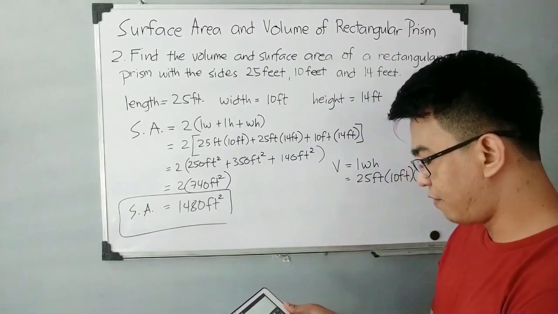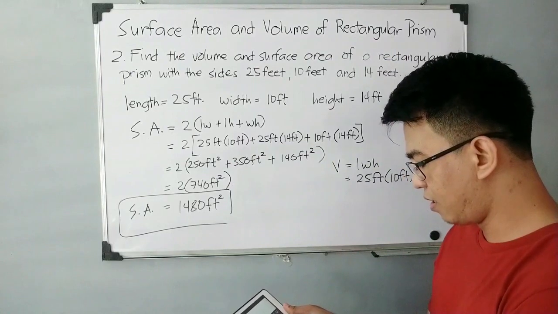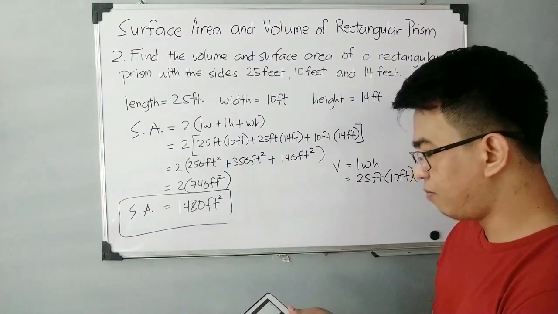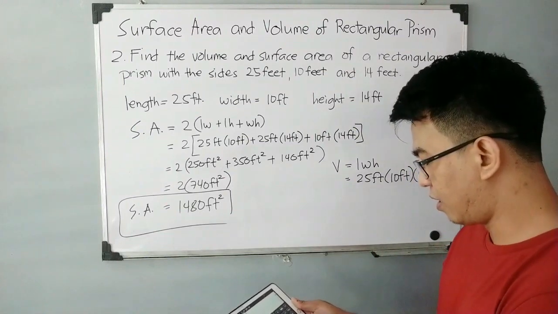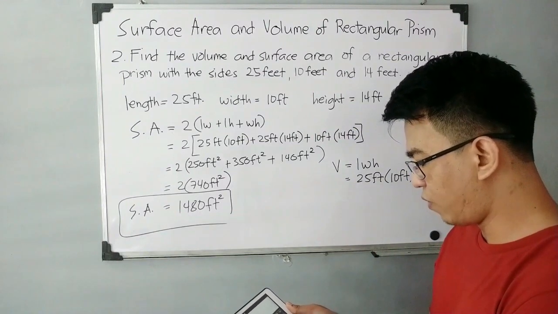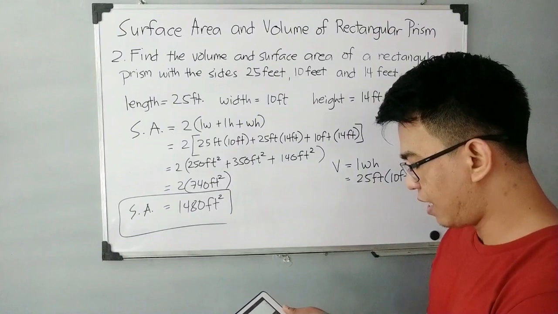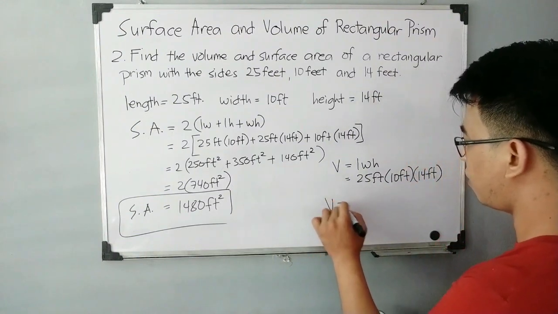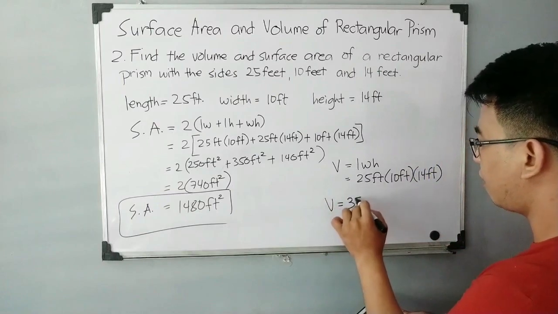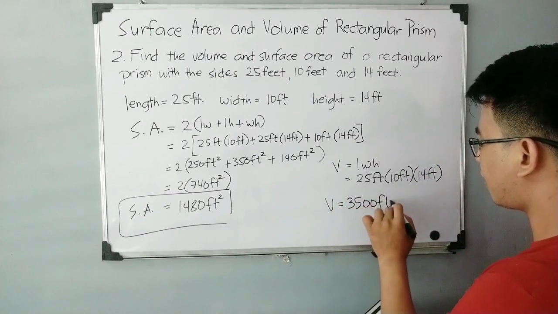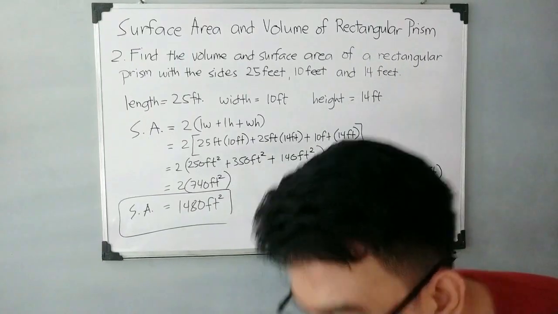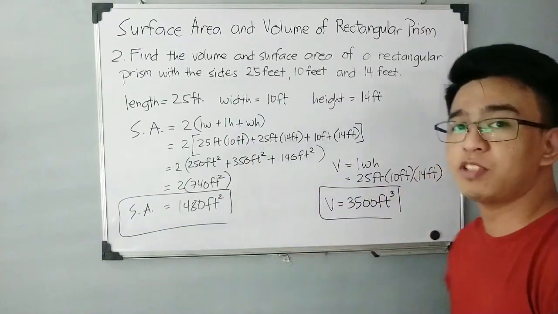This is 25 times 10 times 14. So again, 25 times 10 times 14. That will give us the volume of 3,500 feet cubed. This is the correct answer for item number 2 when it comes to volume.